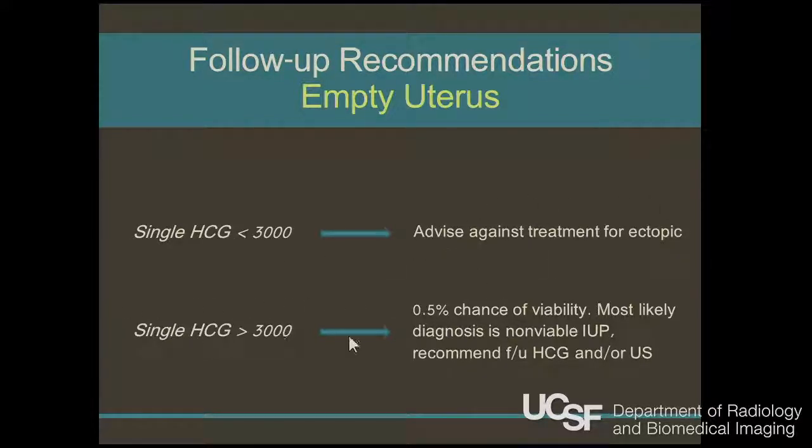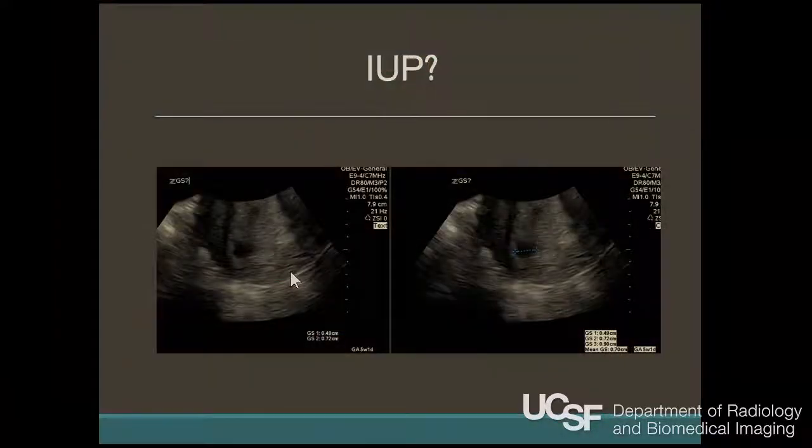Single beta greater than 3,000, there's still a 0.5 chance of viability. And the most likely diagnosis is non-viable IUP. So even still, they're going to follow it up with a beta or ultrasound. So again, I would stay out of that realm of deciding what to do based on the beta and interpret the image based on what you see, IUP or no IUP.